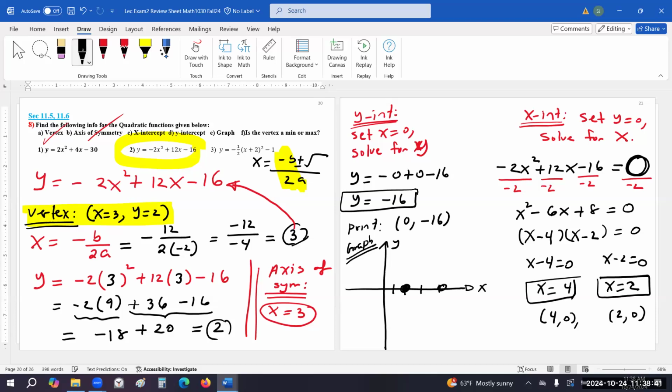One of them is here, one of them is there. The y-intercept is negative 16, somewhere here. The vertex is (3, 2). So this is 3, 1, 2, somewhere here.